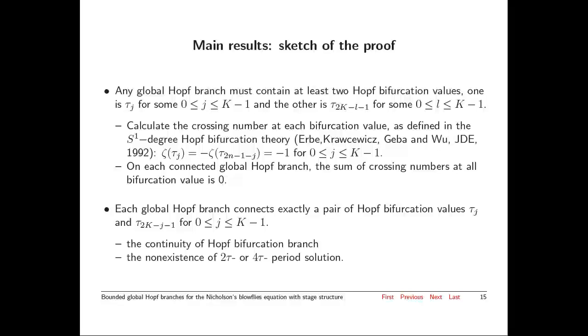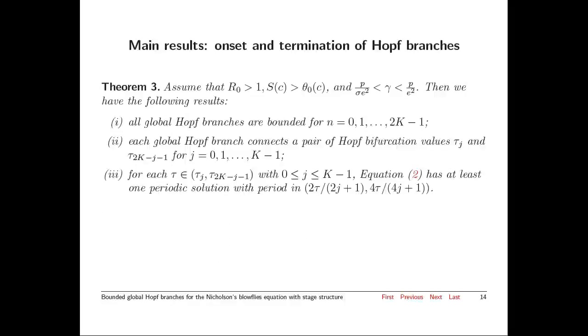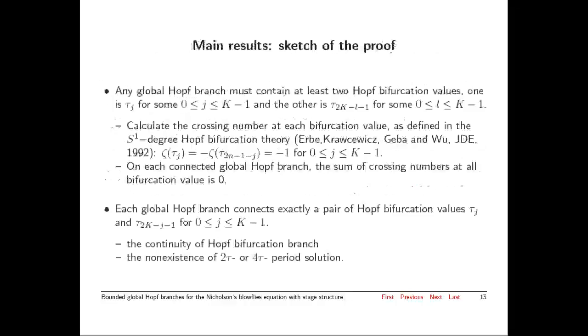Here is our second main result. Each global Hopf branch connects a pair of Hopf bifurcation values, the first J bifurcation value and the last J bifurcation value. So we first should calculate the cross number at each bifurcation value.